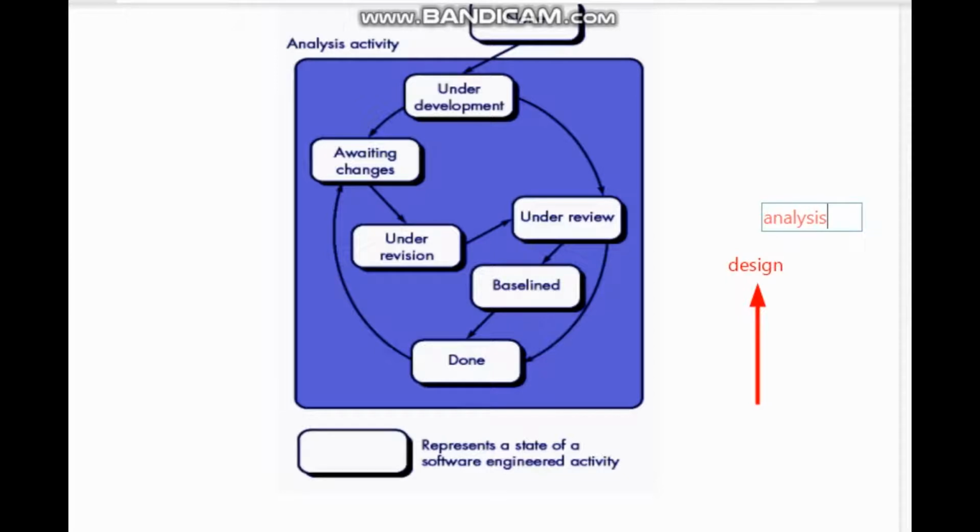Analysis, right? So it makes us go back to our first phase, that is analysis phase. Hence, in this situation, when the design is under development, by observing that there is some information missing during the design phase, it goes under awaiting changes. Hence, we again go back to analysis stage, and then we redesign it.